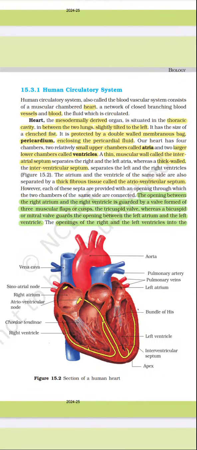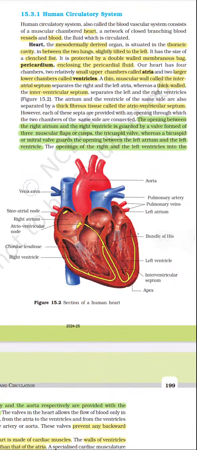The heart has two relatively small upper chambers called atria and two larger lower chambers called ventricles. A thin muscular wall called the interatrial septum separates the atria, while a thick-walled interventricular septum separates the ventricles. A thick fibrous tissue called the atrioventricular septum separates the atrium and ventricle of each side. The opening between the right atrium and the right ventricle is guarded by a valve formed of three muscular flaps or cusps, the tricuspid valve.